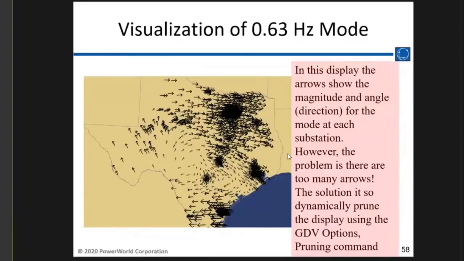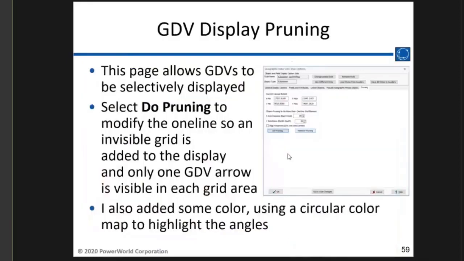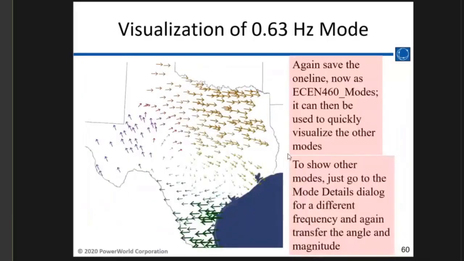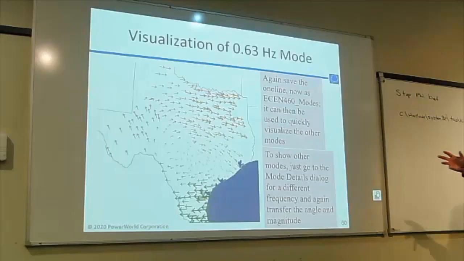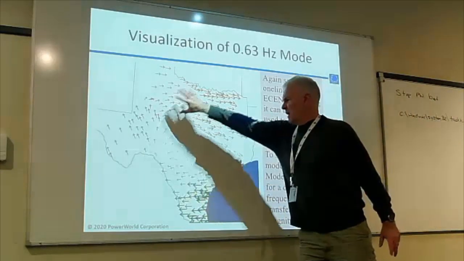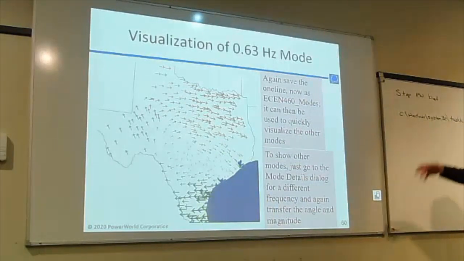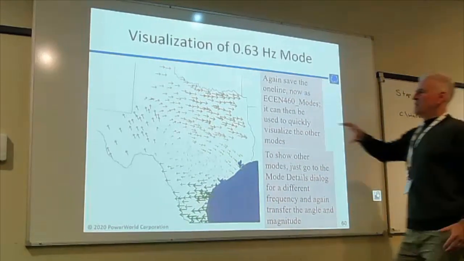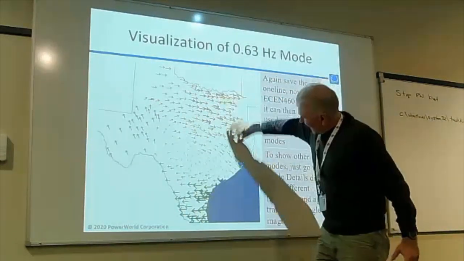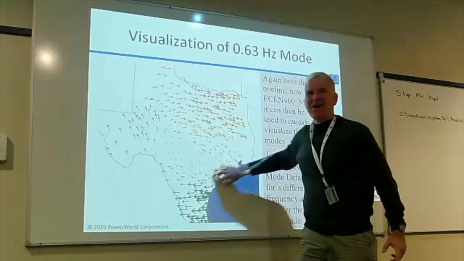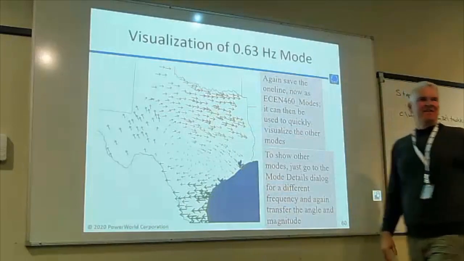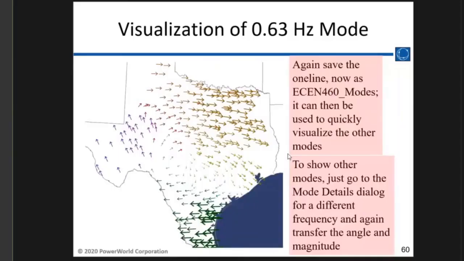And you might say that's a lot of arrows. So what we do is we have a way of pruning arrows, and then we color them based on the direction. But this is a mode in our Texas 2000 case that is sort of like the system oscillating around. It sort of circulates around.